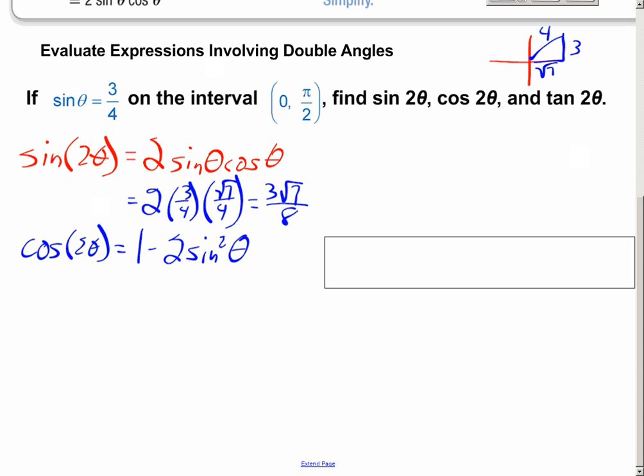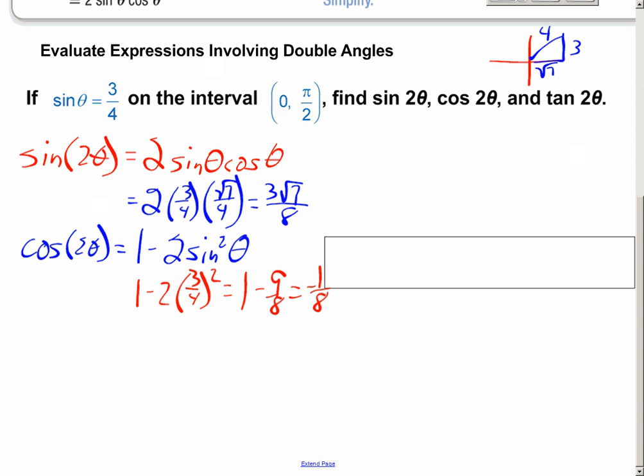Plugging in, so we have 1 minus 2 times 3/4 squared, or 1 minus 9/8, and 1 minus 9/8 is negative 1/8. So that's telling us something there also. We now know that this angle 2 theta is in the second quadrant. Otherwise, we would not have come up with a negative number for the cosine there.